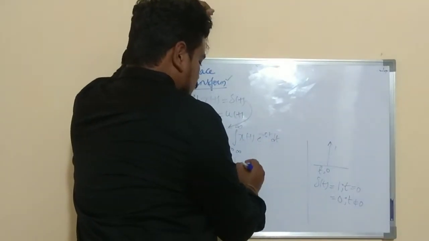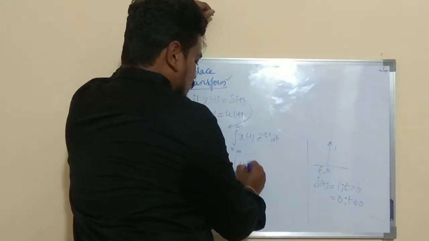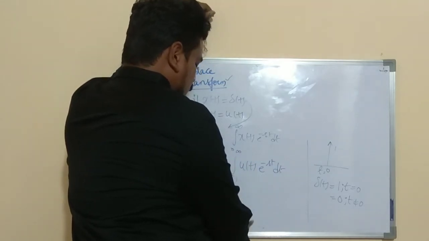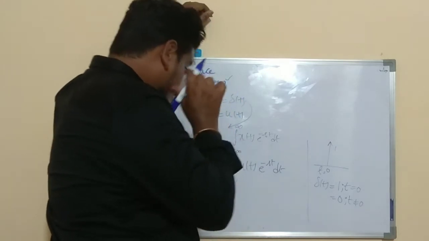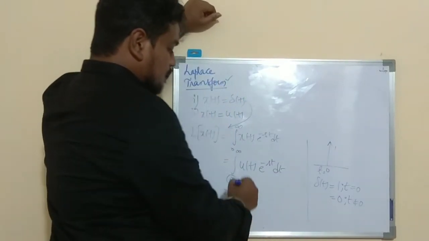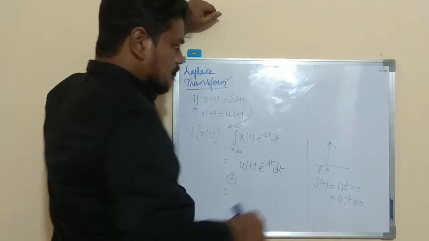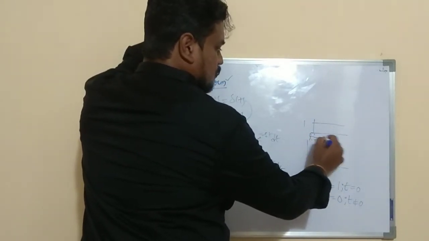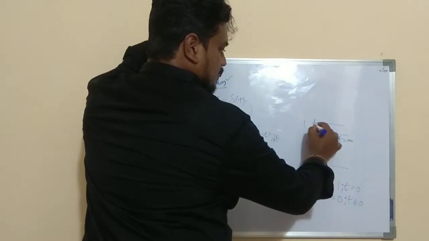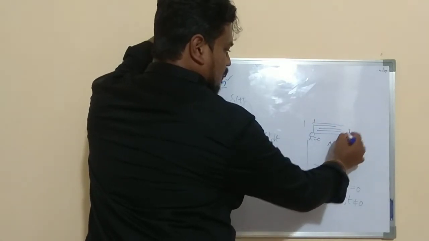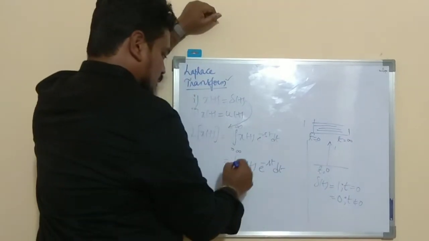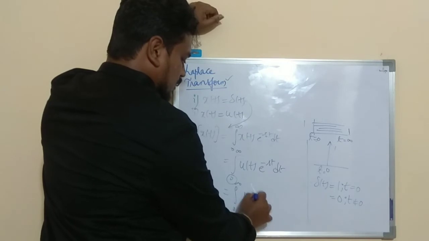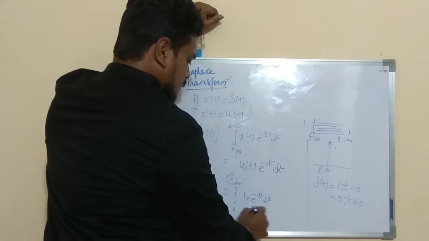Okay, so this is how you calculate. Now x of t means here u of t, u of t into e power minus st into dt, right? So u of t will be equal to what? u of t will be equal to 1 here, isn't it? By the definition, from time t equals 0 to time t equals infinity, this value will be equal to 1. So I will write it as integral 0 to infinity of 1 into e power minus st into dt, right?